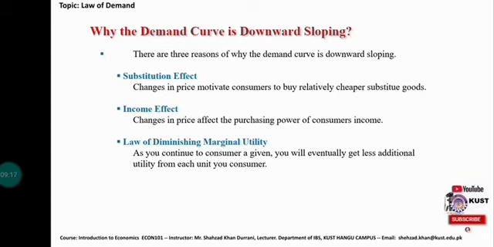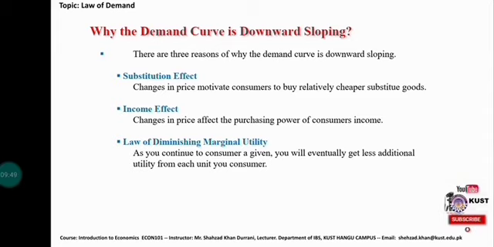Then we will talk about the law of diminishing marginal utility. It says that as you continue to consume a given amount of goods, you will eventually get less additional utility from each unit you consume.